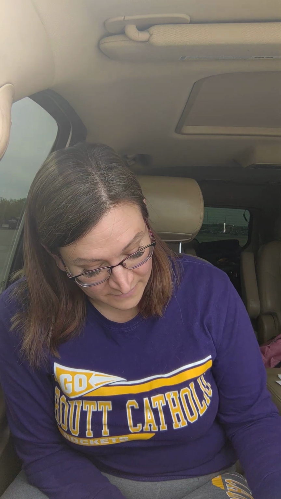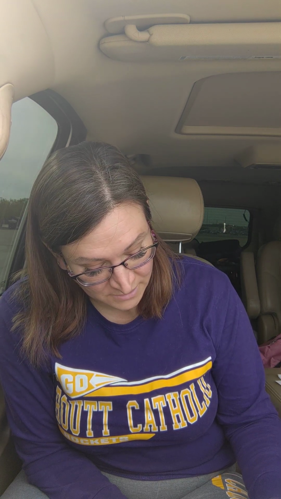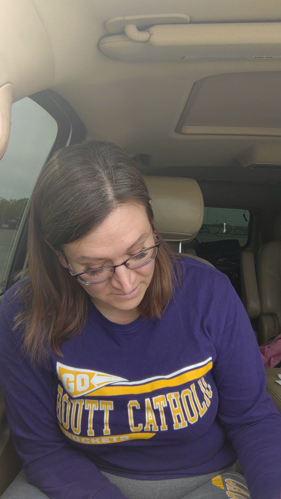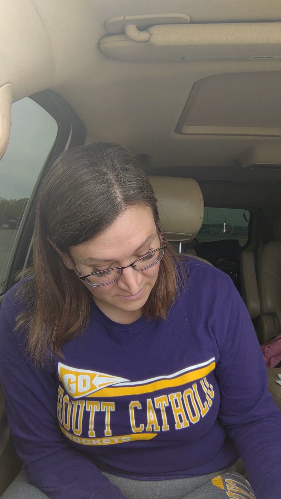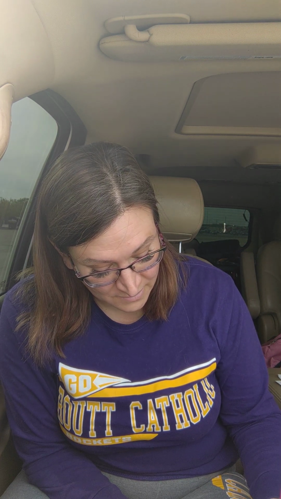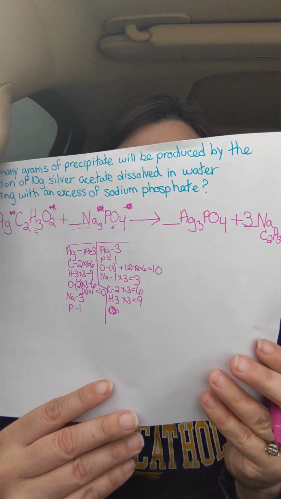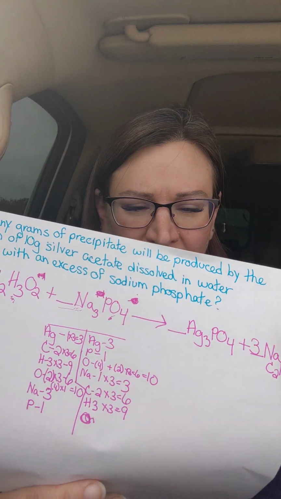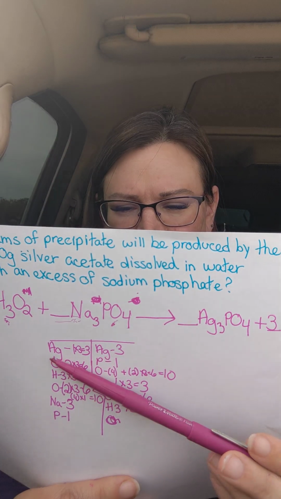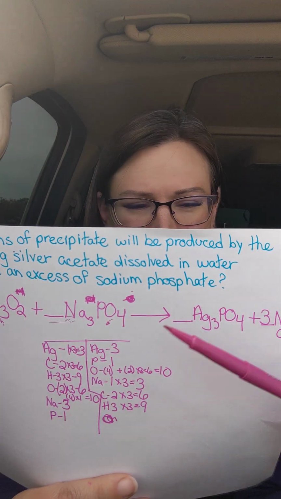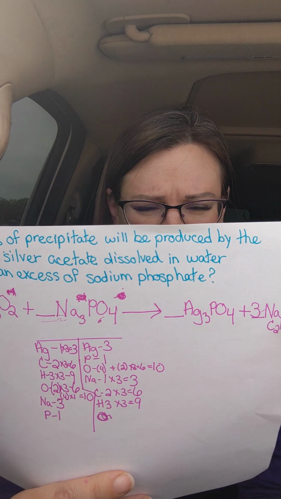Okay. And then there's that carbon, 2 originally, times 3 equals 6. Hydrogen times 3 equals 9. Oxygen, we have 4 from the original compound, plus we're going to have 2 multiplied by 3 is 6 for a total of 10. So what I just did there was I knew that I had 3 sodiums over here, so I knew I needed to have 3 sodiums over here.